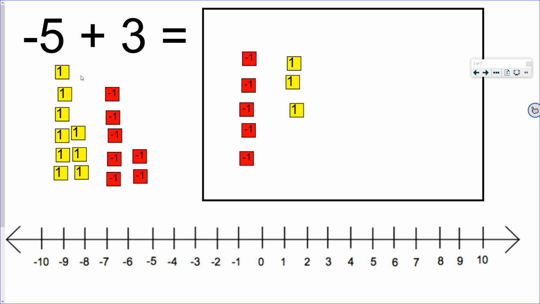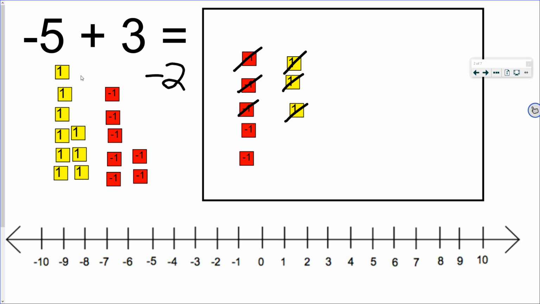Well, obviously, if we cross them off, 1 negative, 1 positive, 1 negative, 1 positive, 1 negative, 1 positive, we can clearly see that we have more negatives. And the answer is negative 2 in this problem. That is the answer.